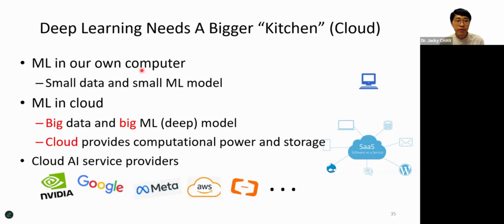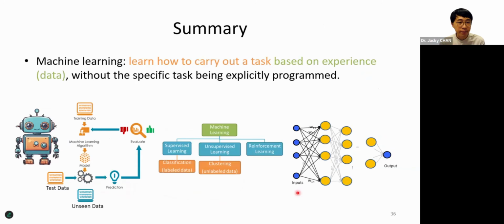But if the problem is very complicated, you have lots of data, and the model is very complex with many layers and many neurons, then you probably need to buy service from providers like Google, Meta, or Amazon, to give you enough computational power and storage. So big data, complex models, and powerful computation make deep learning effective.